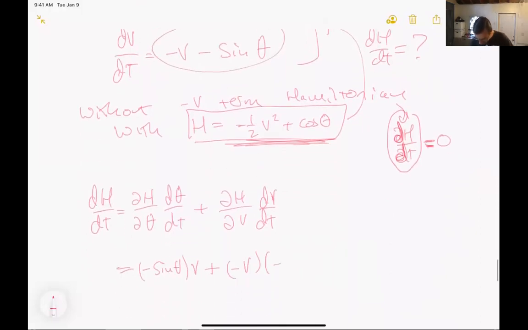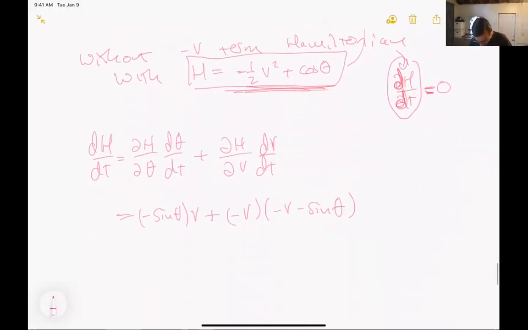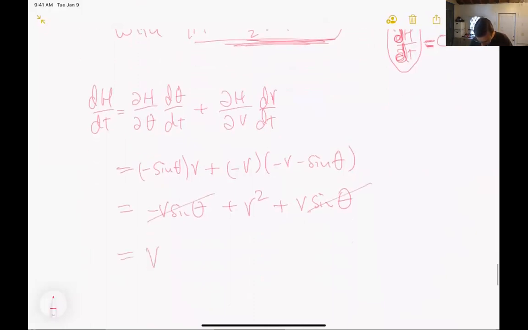It's minus v minus sine theta. Okay, let's keep going. So that's minus v sine theta plus v squared plus v sine theta. And the v sine theta terms disappear, and we just get v squared. All right, we got v squared.